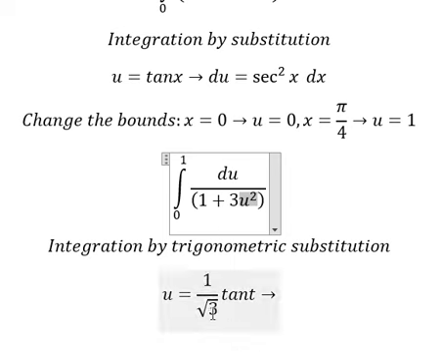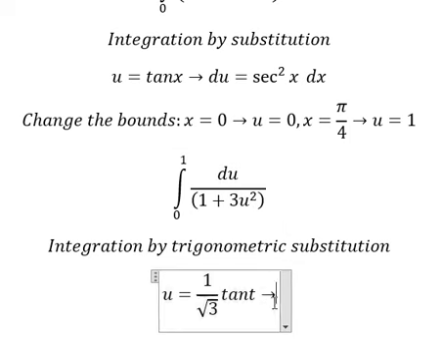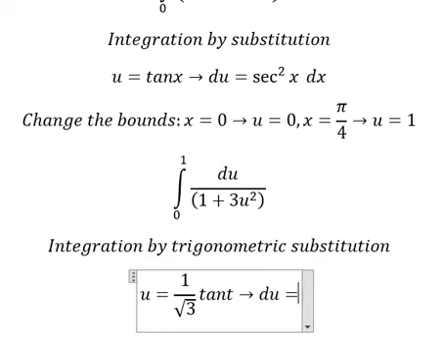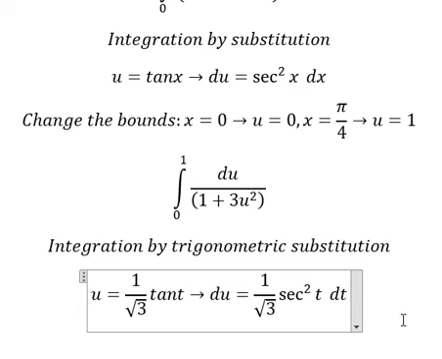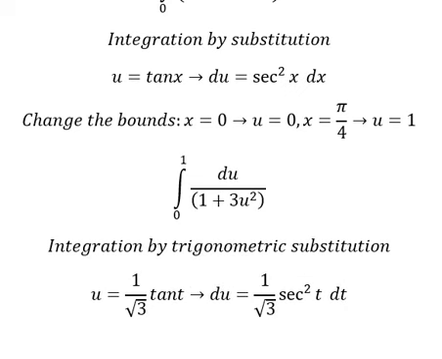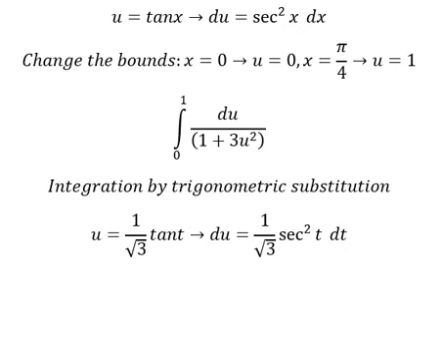Number 3 and number 3 cancel. 1 plus tan t squared is about secant of t squared, and later we simplify by du. Now we can do first the derivative for both sides. Next, we need to change the bounds.